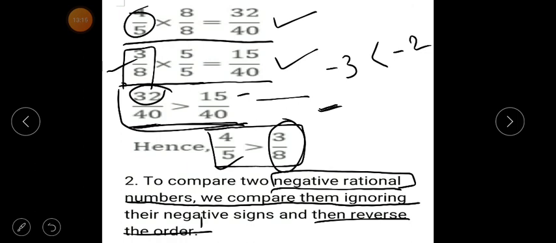So here we can see that the value of a number decreases due to the negative sign. The same holds with rational numbers.